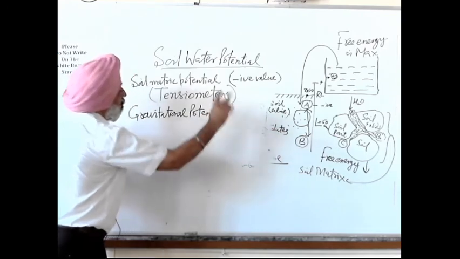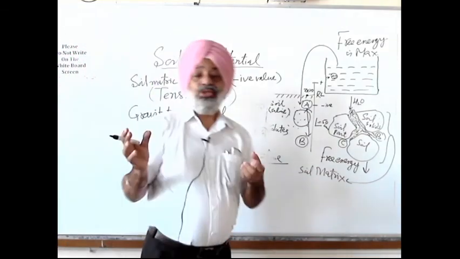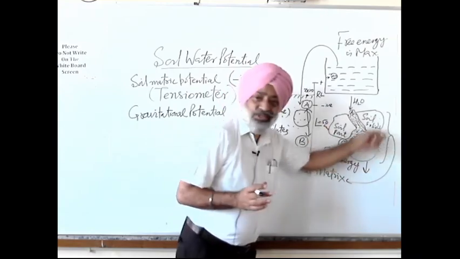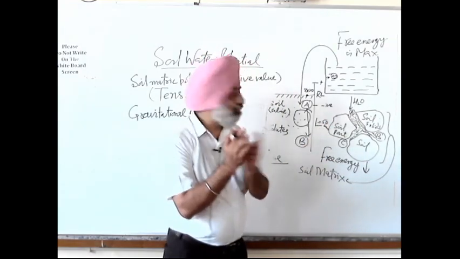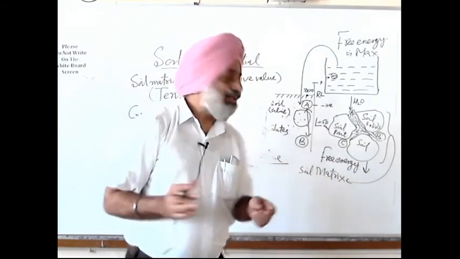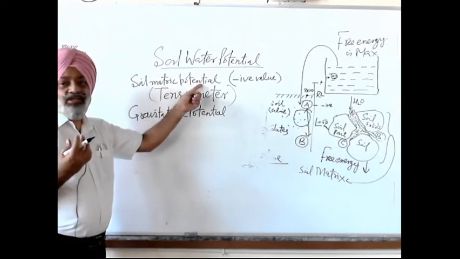This can be simply measured by selecting a reference point. Now there might be a question in your mind that, sir, this soil is completely saturated and water is flowing freely in all the directions. So in that case, why should we say the force with which water is held in the soil?